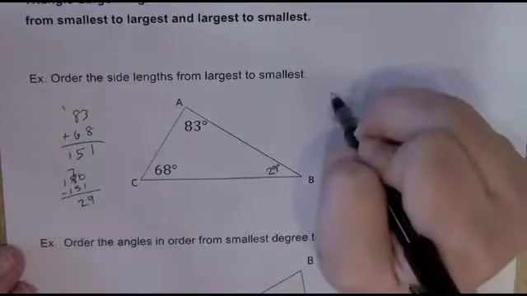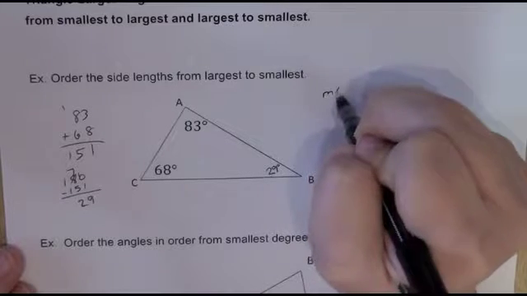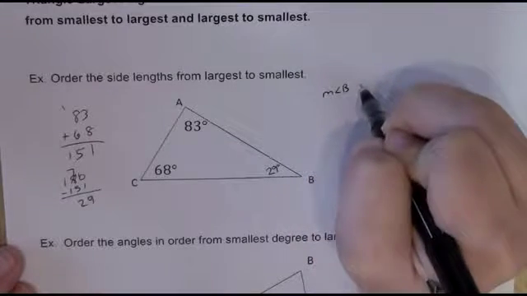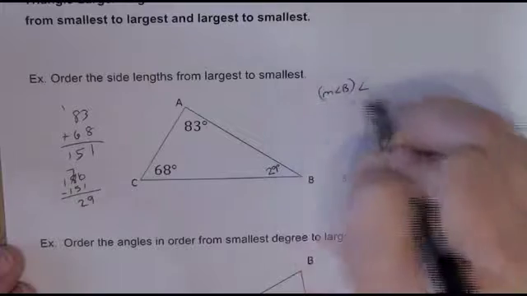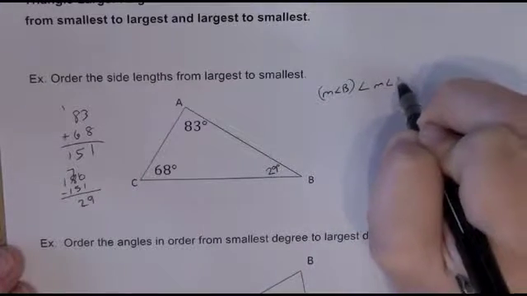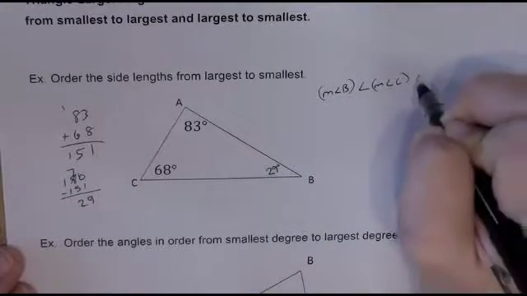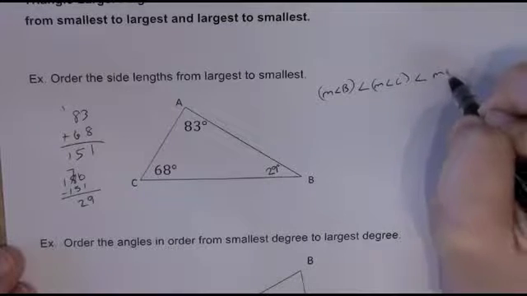So what we know is that the measure of angle B is less than the measure of angle C, which is less than the measure of angle A.